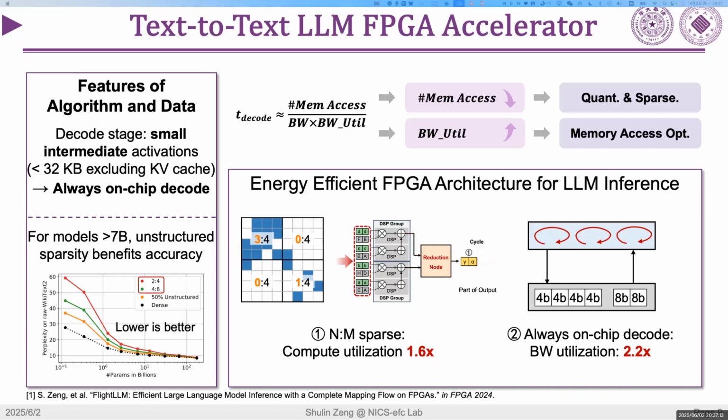And you can see on the left that there are some features in LLMs that we can use. One basic idea is that in the decode stage, there are many small intermediate activations. They are typically less than about tens of gigabytes, so we can store this intermediate data in the FPGA on-chip SRAMs.